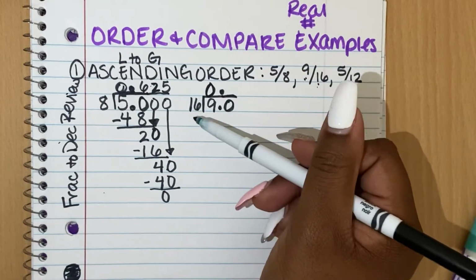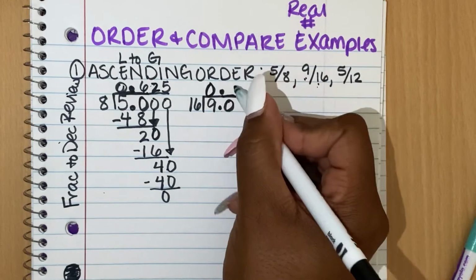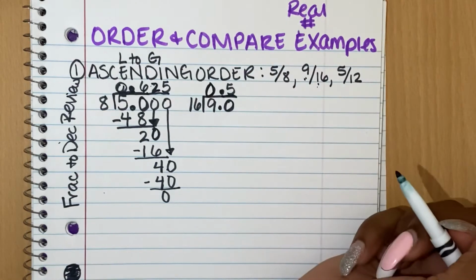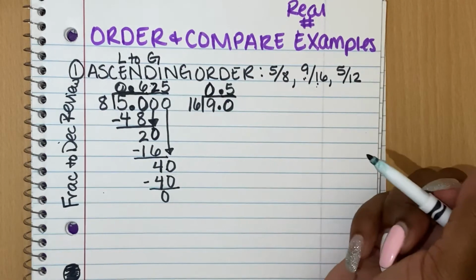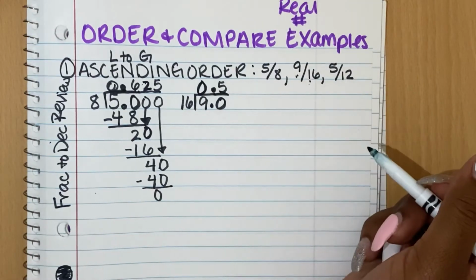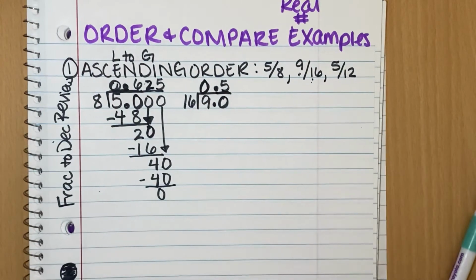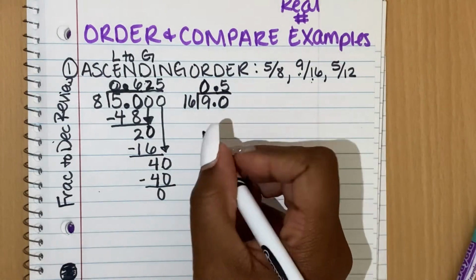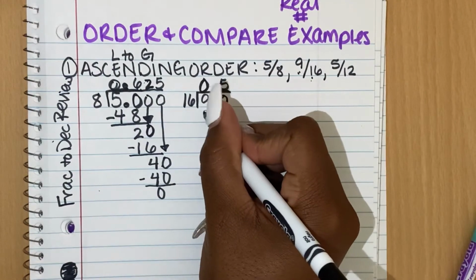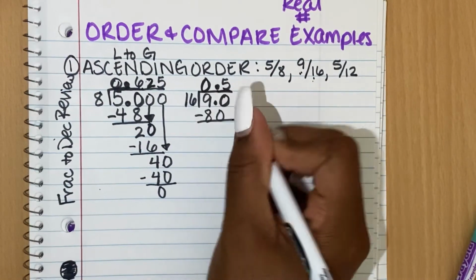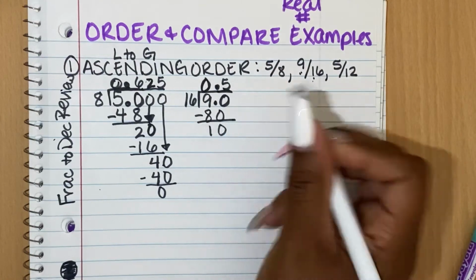Continue dividing. How many times can 16 go into 90? 5 times. If you did not know that, we have a multiplication chart that should also be in our journals. If you do not have one in your journal, you can reference the one that is in the My Interactive Notebook tab. 16 can go into 90 5 times, because 5 times 16, sorry, I misspoke, is 80. 90 minus 80 is 10.